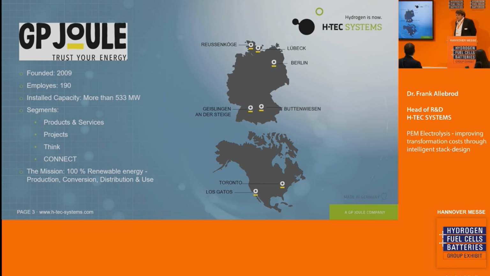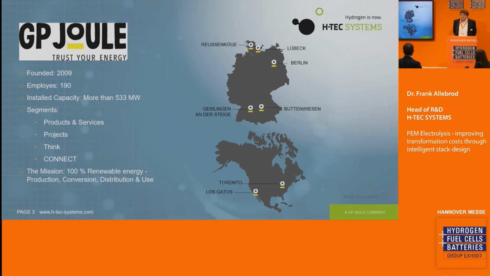We have one goal at HTEC, and our goal is the most inexpensive conversion of electricity into hydrogen using PEM electrolysis. Our mother company is GP Joule, which is a pretty young company compared to HTEC. It was founded in 2009, but has already 190 employees.